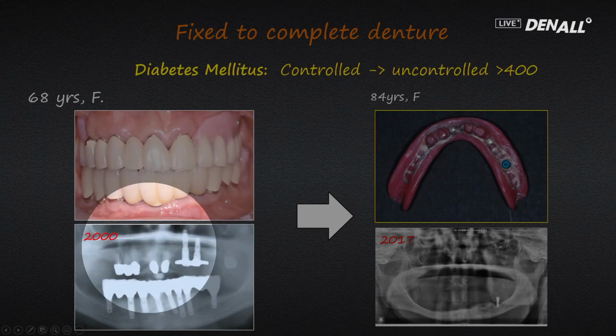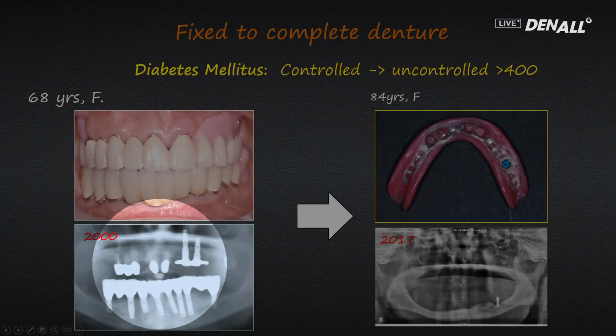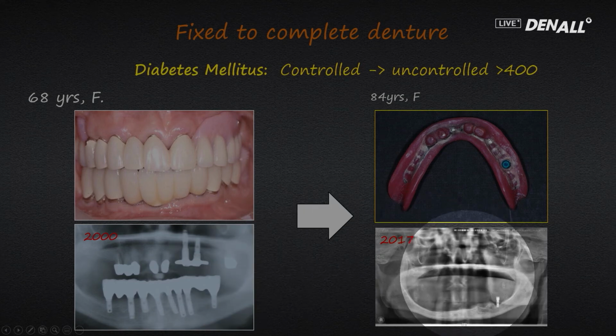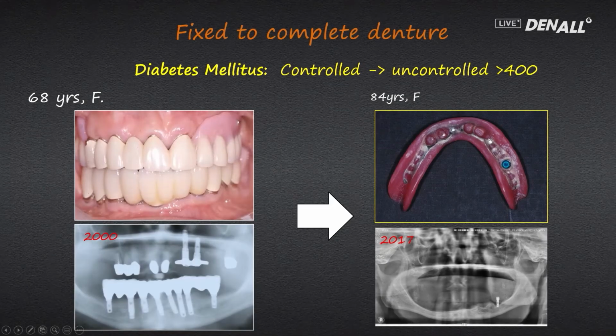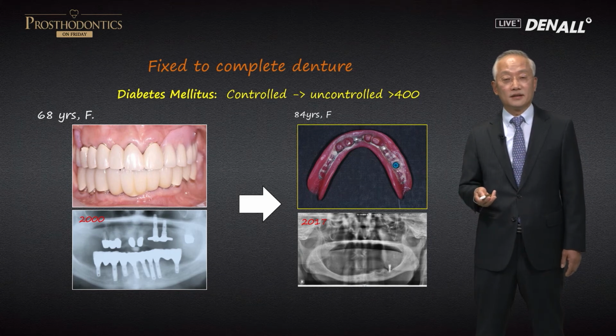The patient used them for 10 years, and after that, diabetes became more severe, and the patient did not come in frequently. And as a result, as shown, all of the natural teeth and implants were lost and full denture had to be used. This is a truly heartbreaking case.